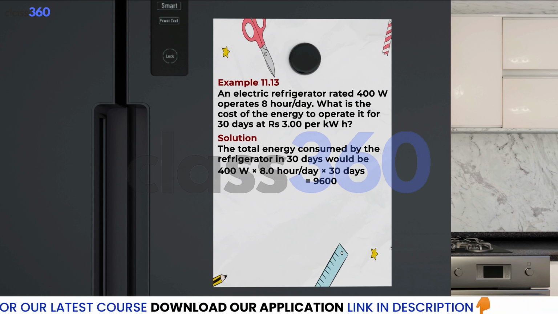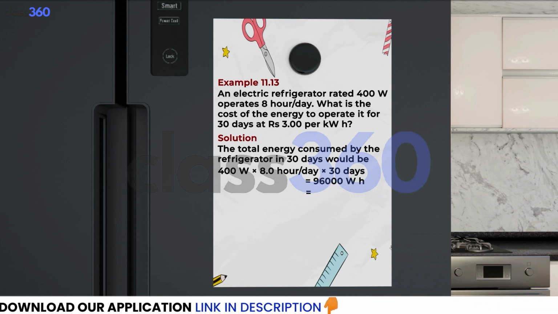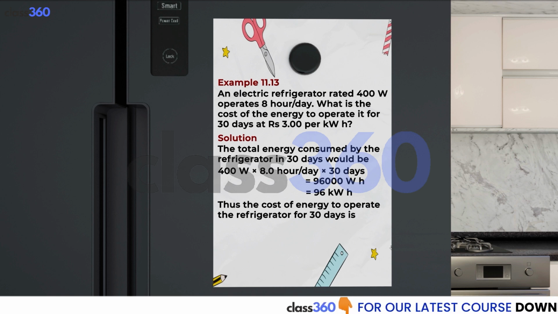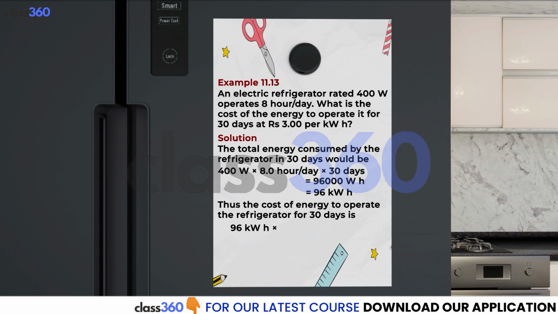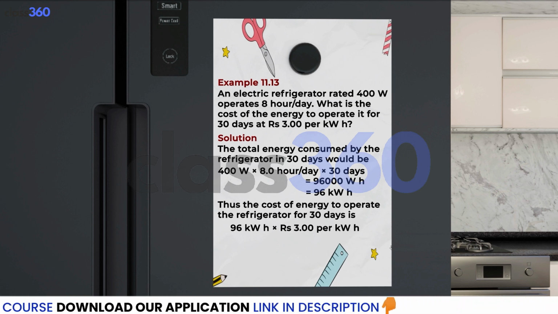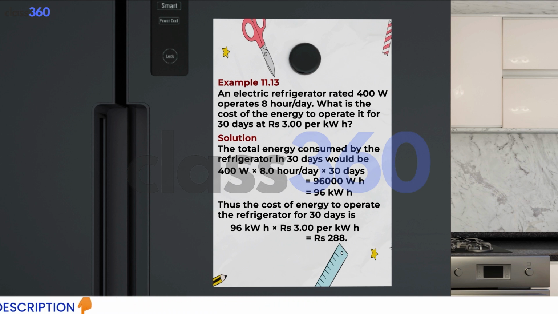So 96,000 watt hour, that is 96 kilowatt hour. Thus the cost of energy to operate the refrigerator for 30 days is 96 kilowatt hour into rupees 3 per kilowatt hour. It's equal to 288 rupees.